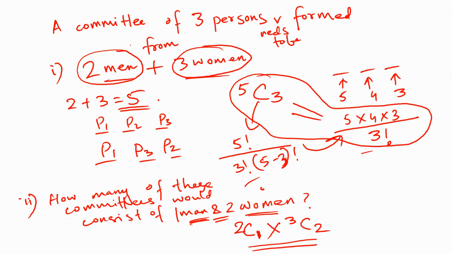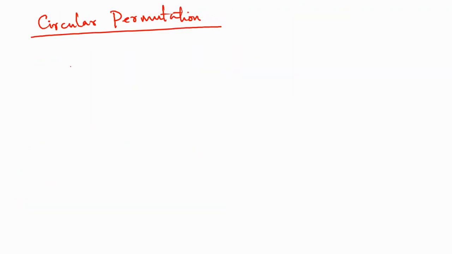Let's say there are n letters: a1, a2, a3, up to an.